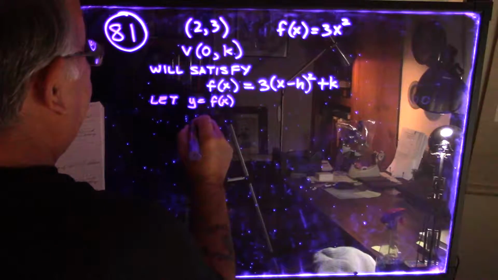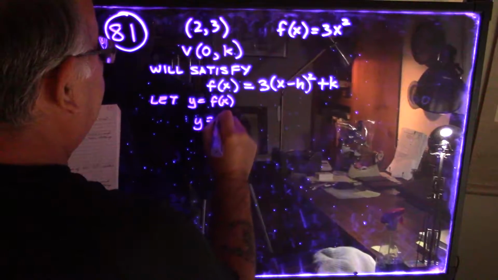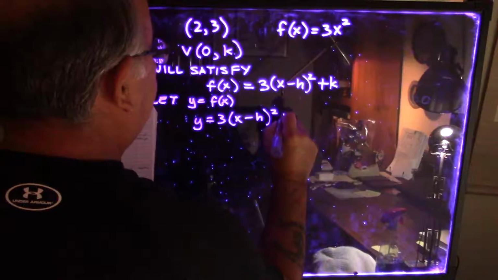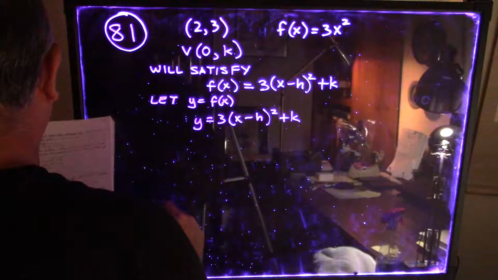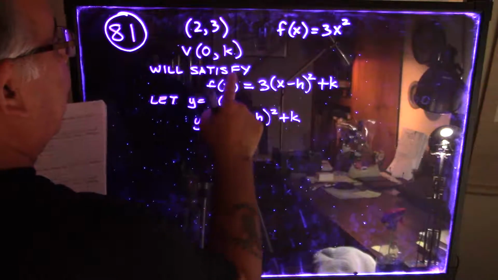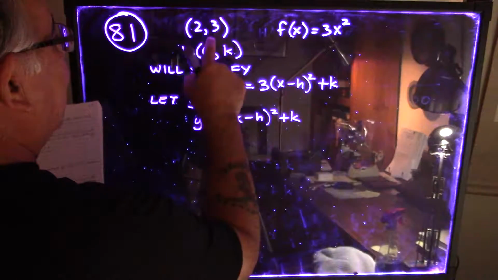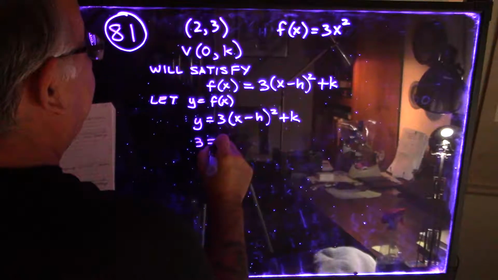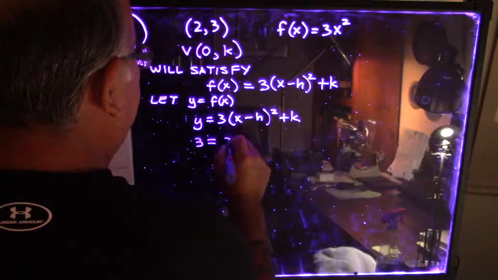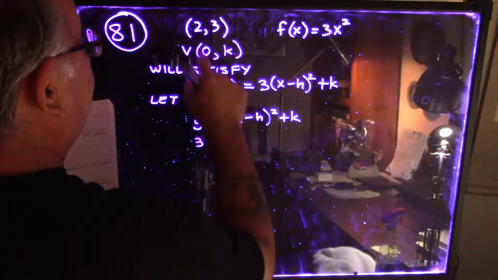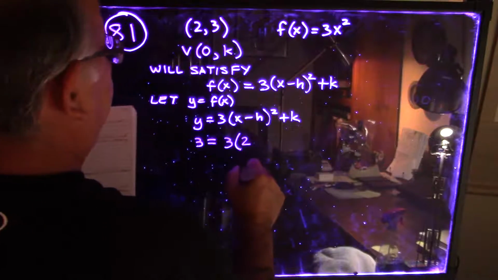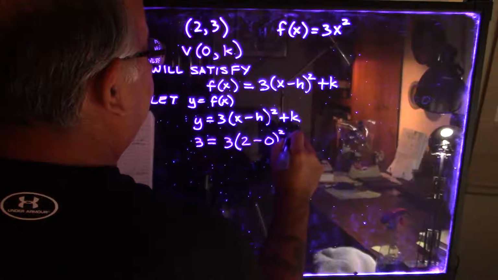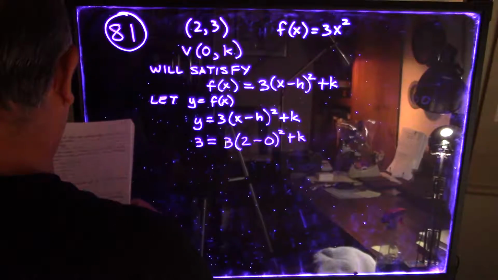Alright, so we have y equals 3 quantity x minus h squared plus k. And so you let y equal 3 because this is a point on the graph, so y is 3, and then let x equal 2 and h is 0, so 2 minus 0 squared, and then we'll solve for k in a second.